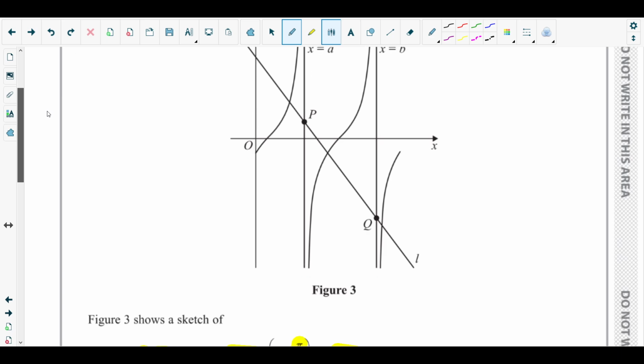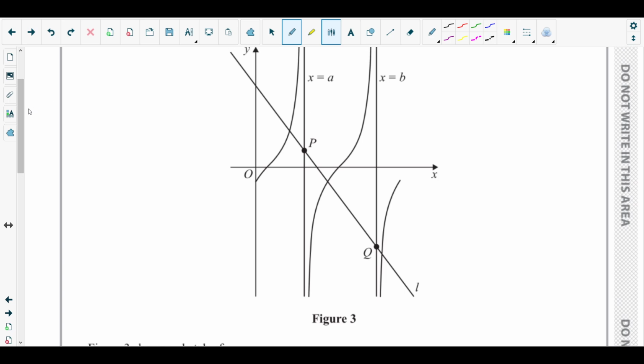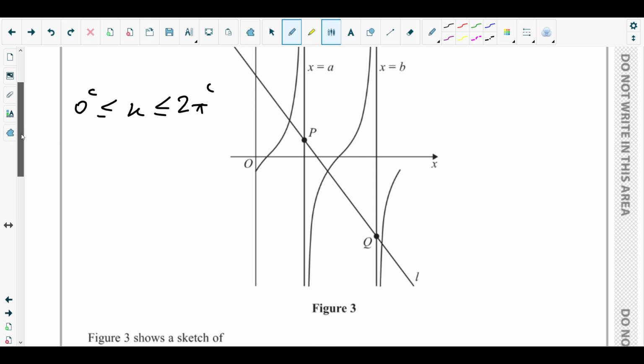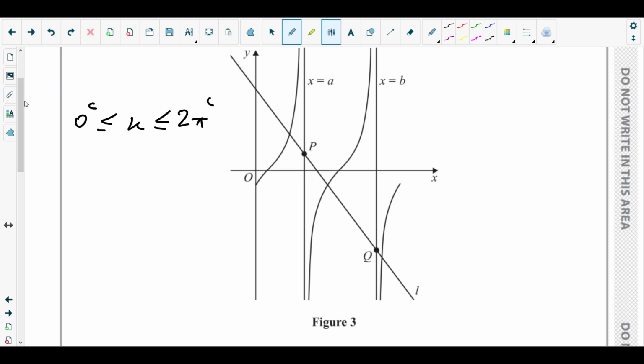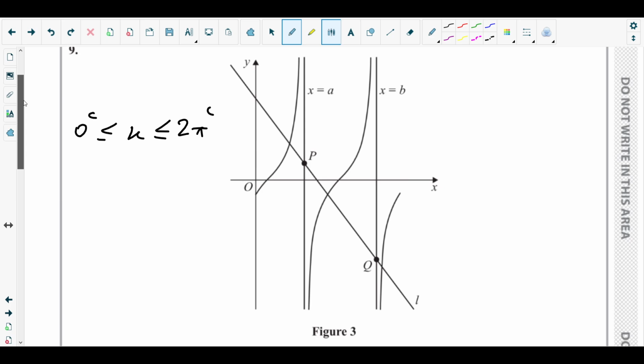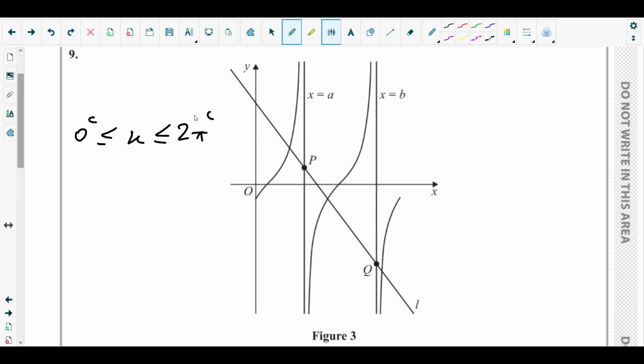Since this sketch is from x equals 0 radian till 2 pi radian, within that interval how many points of intersection can you see between the curve of tan(x minus pi over 6) and the line L?